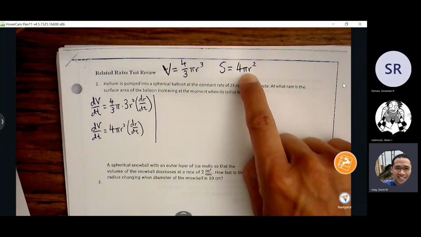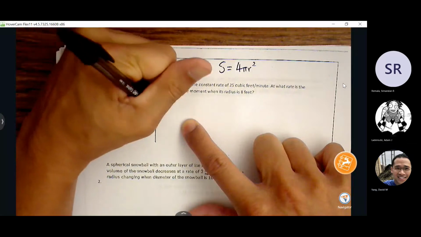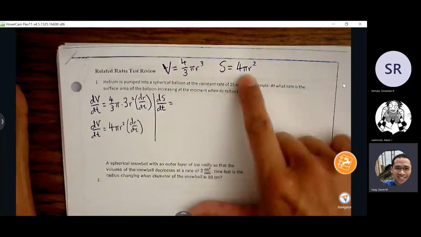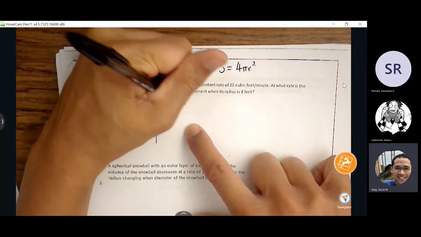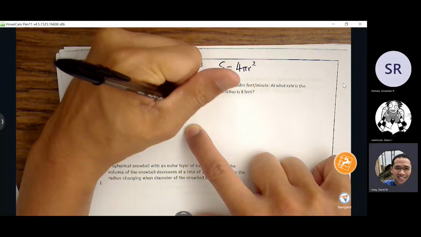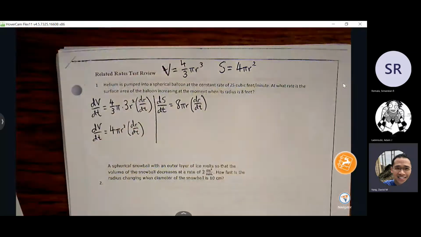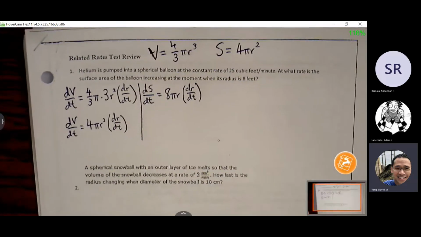S equals 4 pi r squared. I know how to involve that derivative. 4 pi stays, bring down the 2. Okay, so that's all the calculus in the problem.